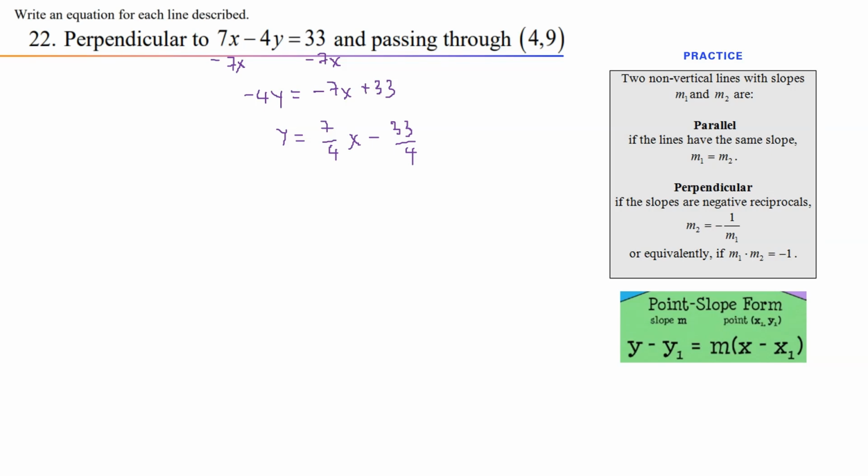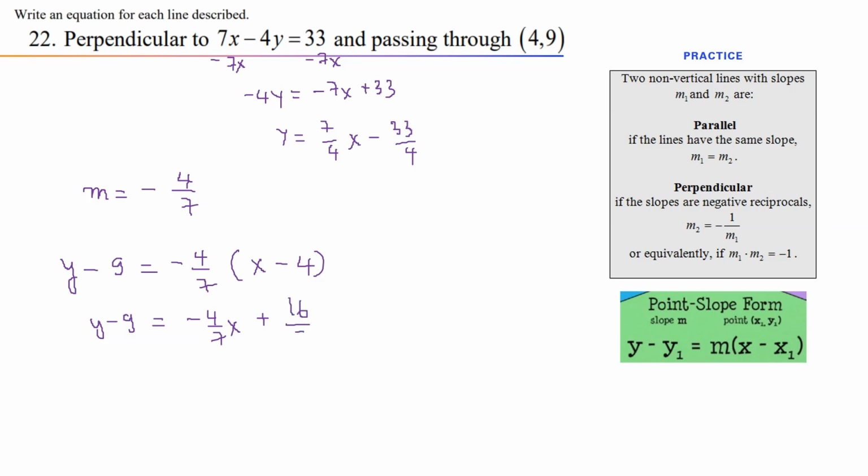Okay, now this is perpendicular, so it will be the negative reciprocal, so 4 over 7. We flip it. So y minus y1, which is 9, equals negative 4 over 7, open parenthesis, x minus 4. Okay, so we have y minus 9 on this side, negative 4 over 7x plus 16 over 7.